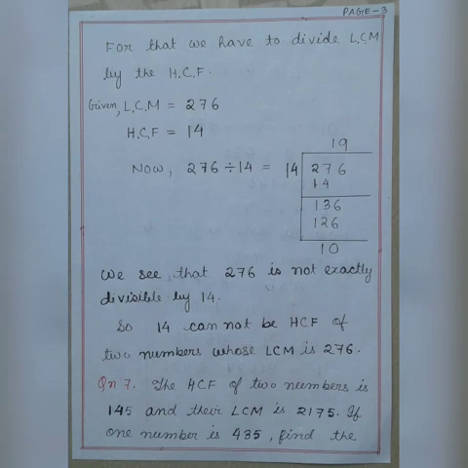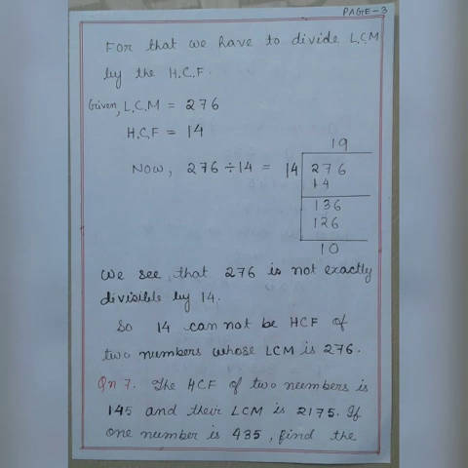So if 276 is exactly divisible by 14, that is there is no remainder, then we can say that two numbers can have 14 as their HCF and 276 as their LCM. 276 by 14 is equal to 19 as quotient and 10 as remainder. So it is not exactly divisible. Therefore, 14 cannot be HCF of two numbers whose LCM is 276.